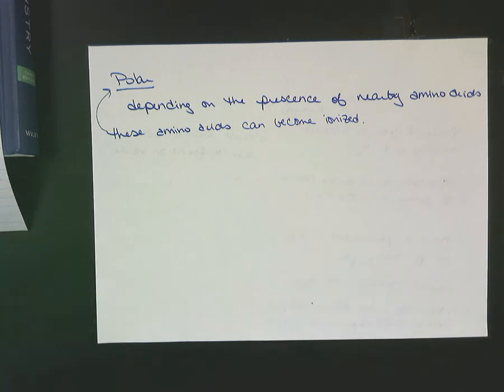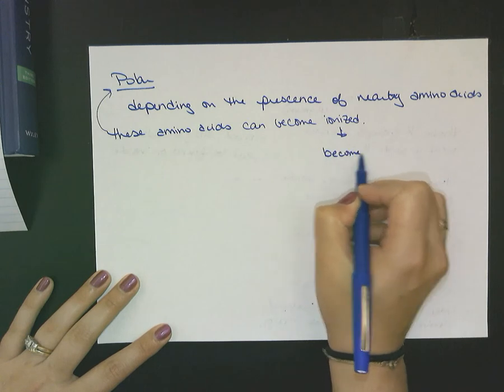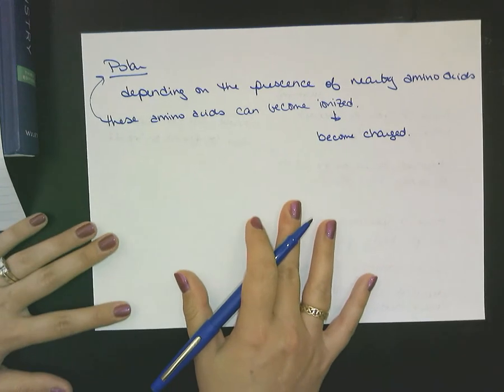So what does it mean if the amino acid is becoming ionized? It's getting a charge. It'll become charged, become an ion. So the best example of this is histidine.